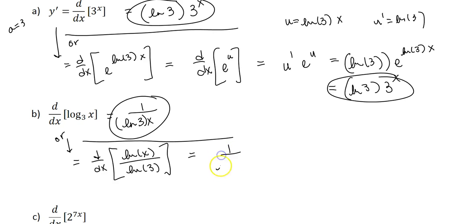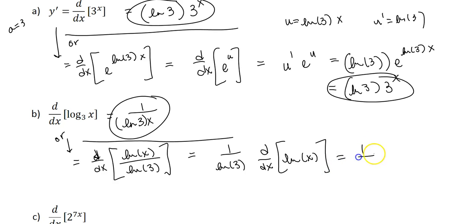I could bring 1 over natural log of 3 out because that's a constant, and that's the derivative with respect to x of the natural log of x. The derivative of the natural log of x is 1 over x. So that's 1 over natural log of 3 times x, and that would be my answer.